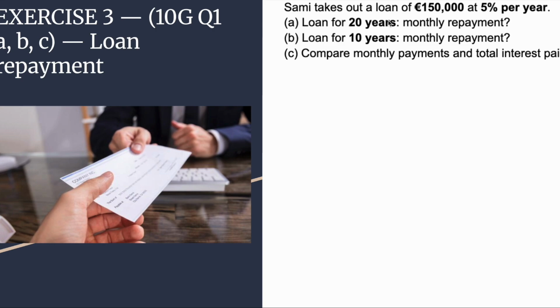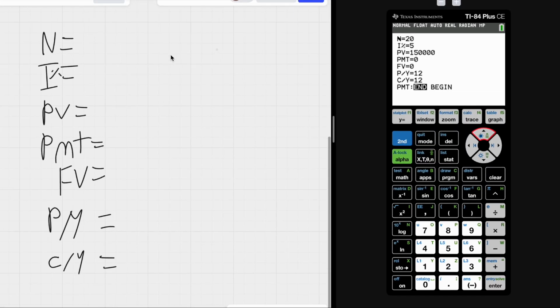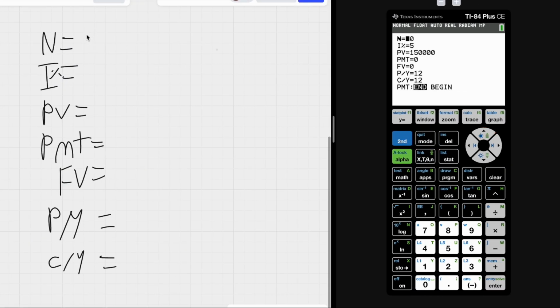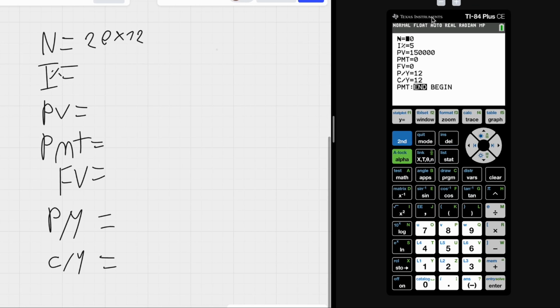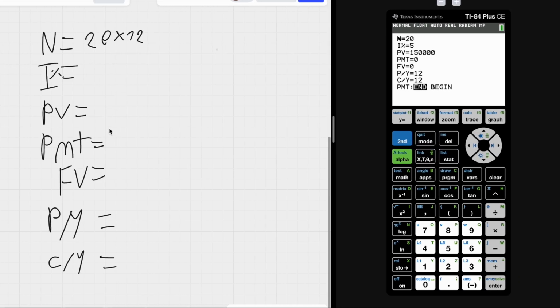So here we'll put our data here. That is the years, 20 years times 12, because he's doing monthly payments. Then the present value, that is 150,000 pounds.